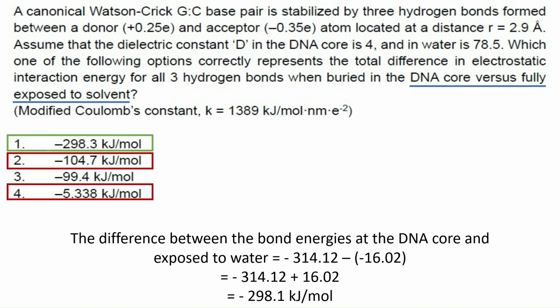So if you are rushing the question and if you forget to calculate for three hydrogen bonds, as the question has asked, and instead you just rush with the energies of one hydrogen bond, then still according to you, you'll get a correct answer that will be option 3. But in reality, that answer would be wrong because the question has asked for the energy of three hydrogen bonds. So these types of tactics are common in NET questions to confuse students. So always read the question very carefully and do a double take if it seems suspicious.